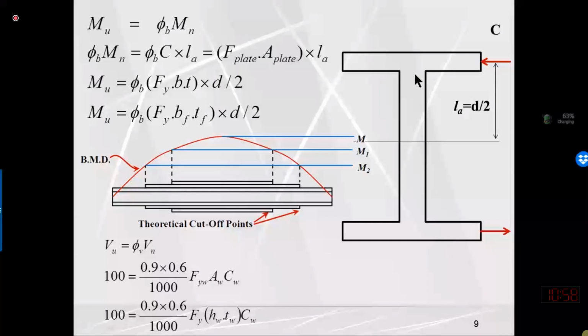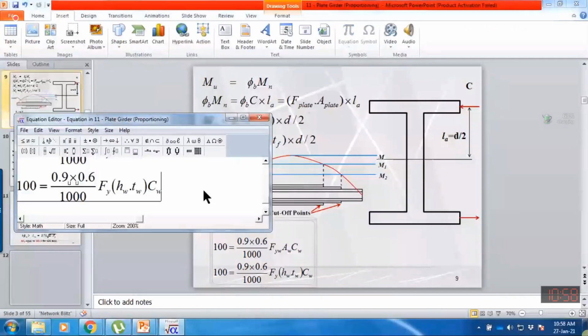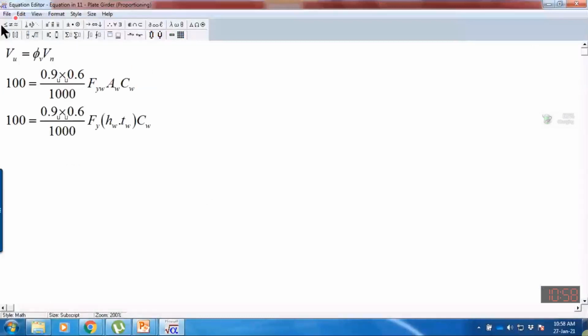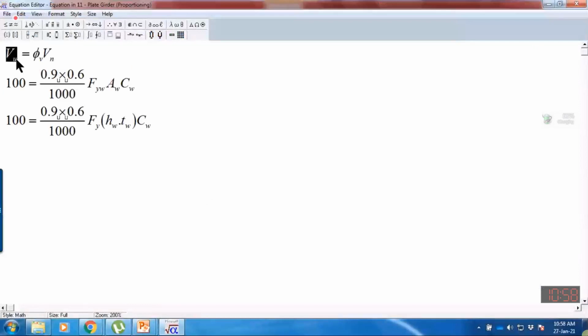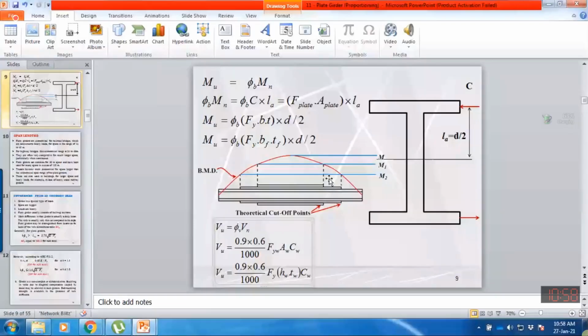We can equate the applied shear with the shear capacity, and we can assume that. I have used VU, but so we'll see this formula.